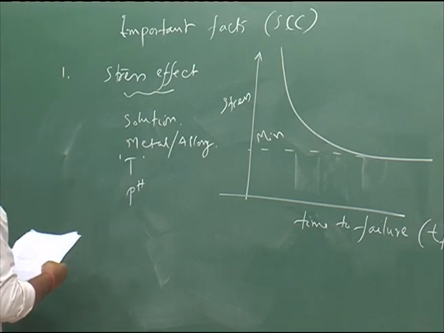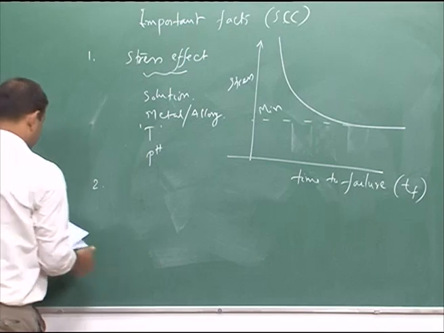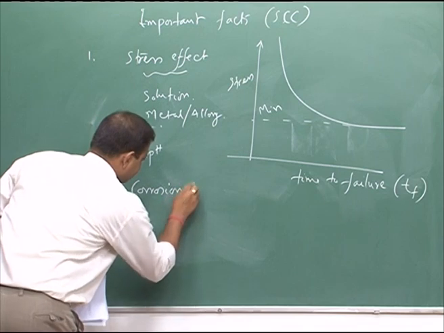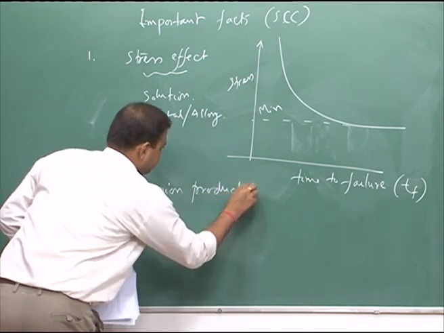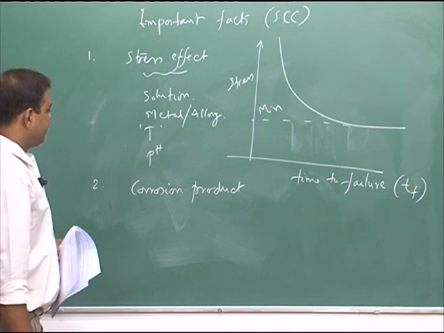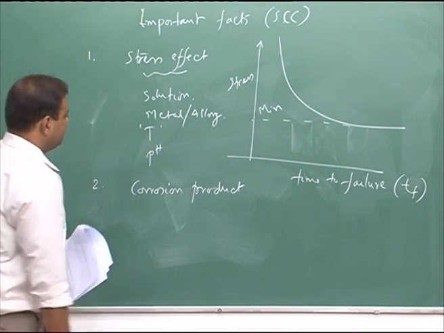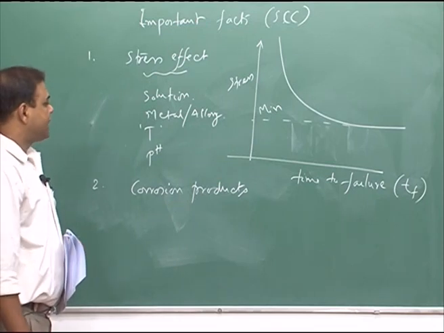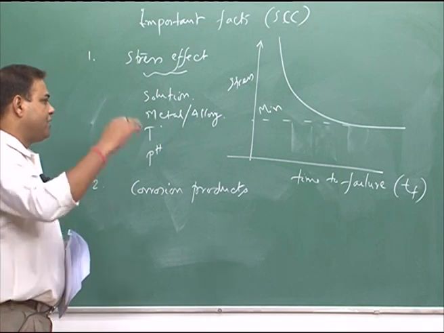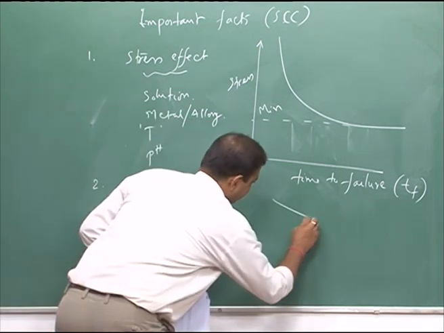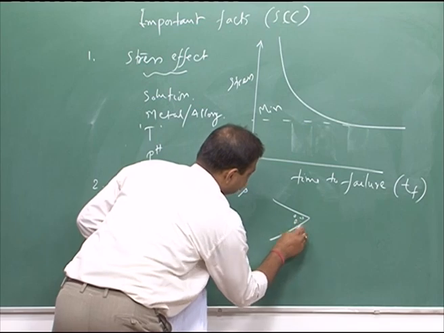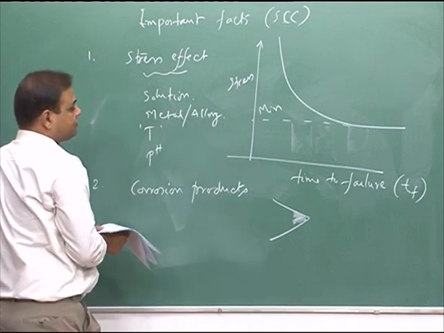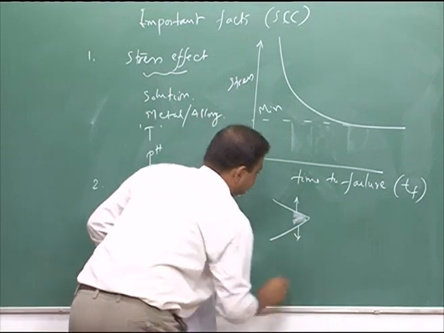Now, second, you have the corrosion product. Corrosion products form due to the reaction with the environment, and that corrosion product sometimes leads to very high pressure. For example, you have a crack and here you have the corrosion products, and that corrosion product sometimes pushes this crack open like this.